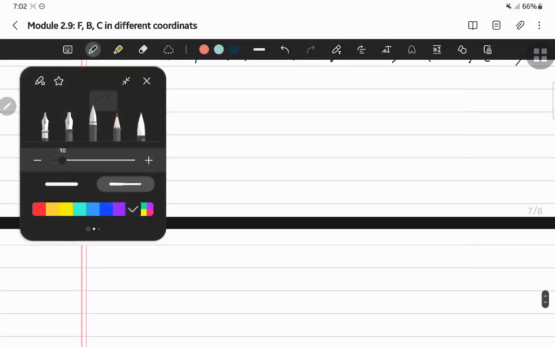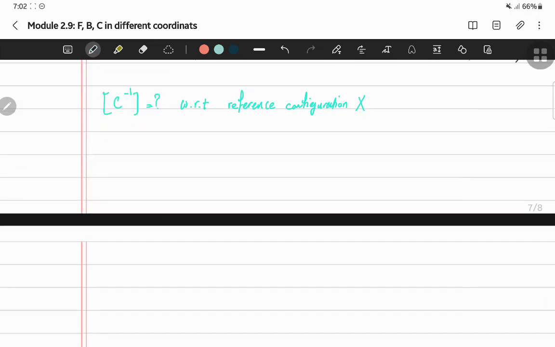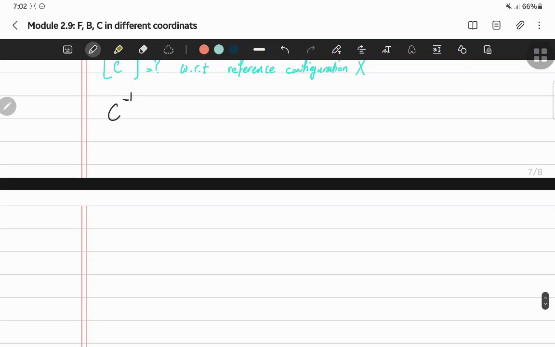So let's find C inverse components. Again, the book said we're going to find this with respect to the reference configuration, capital X. So we have C inverse R0 theta 0. So it is ER0 dot C inverse E theta 0.